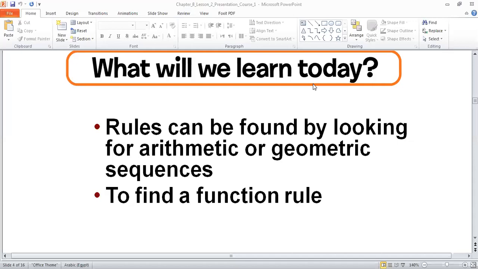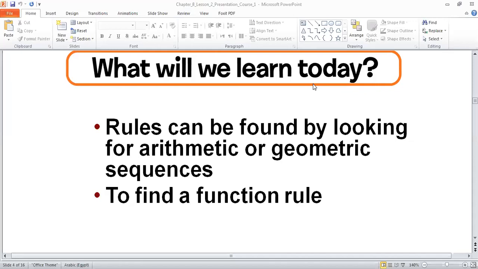Rules can be found by looking for arithmetic or geometric. First one is arithmetic, and the second one is geometric. To find the function rule. Again, read that again, Muaz.